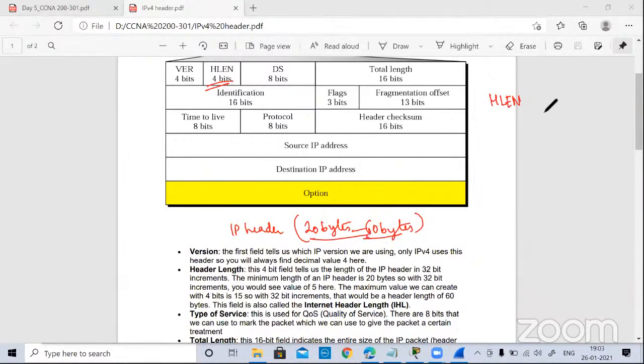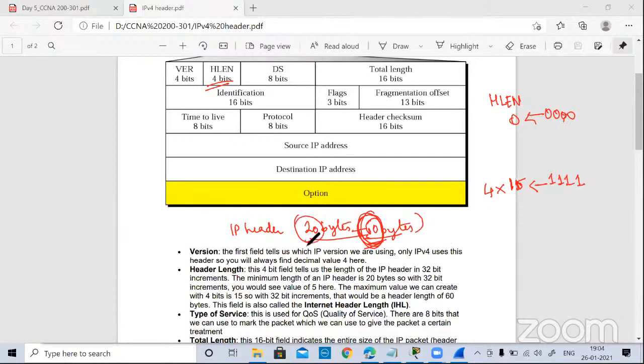With 4 bits, the minimum will start with 0000 and the maximum will go up to 1111. If I convert this into a decimal value, this stands for 15 and this stands for 0. If I want 60 bytes, I need to multiply this with 4.